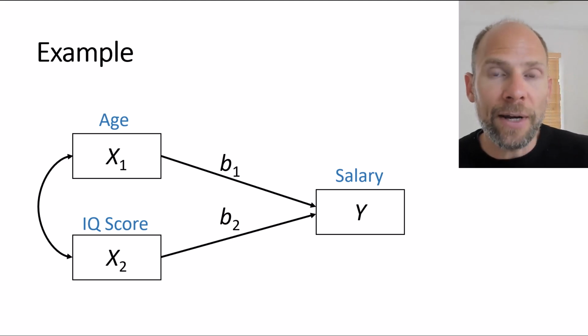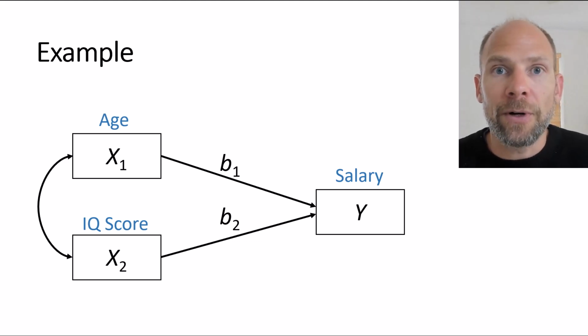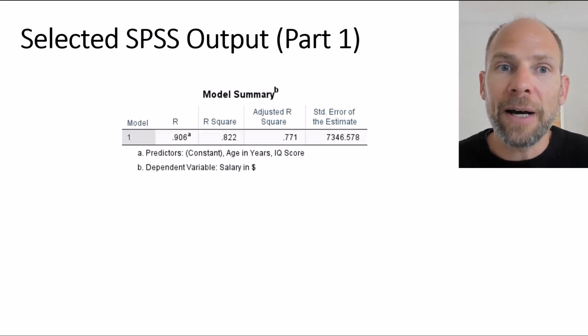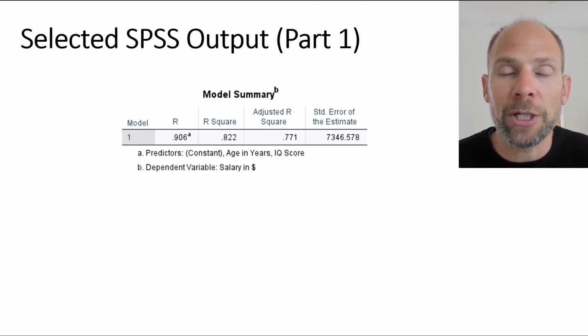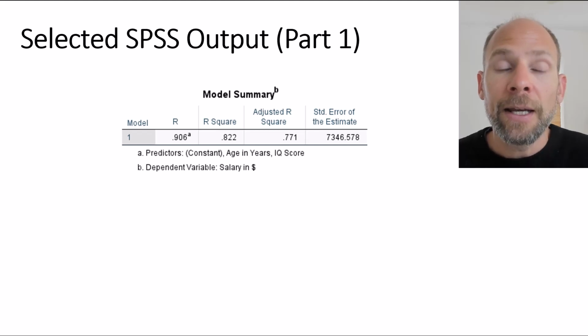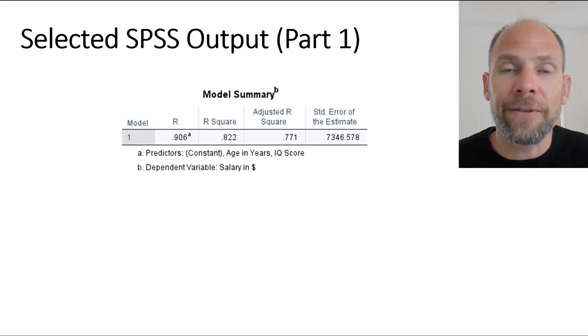So let's take a look at what the results for a multiple regression like that look like in the SPSS software. In the first part of the SPSS output, you obtain a model summary table that contains the multiple correlation R, the squared multiple correlation or coefficient of determination R squared, an adjusted R squared value, as well as the standard error of the estimate.